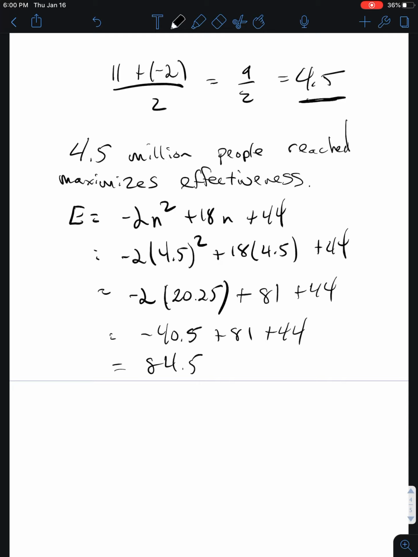Right? So the maximum, you can copy all that down. You could write a therefore statement. I'm not going to, but.